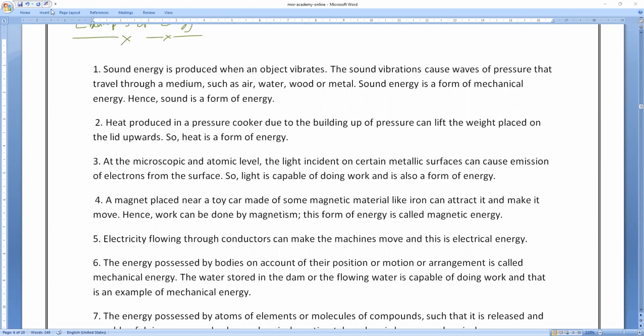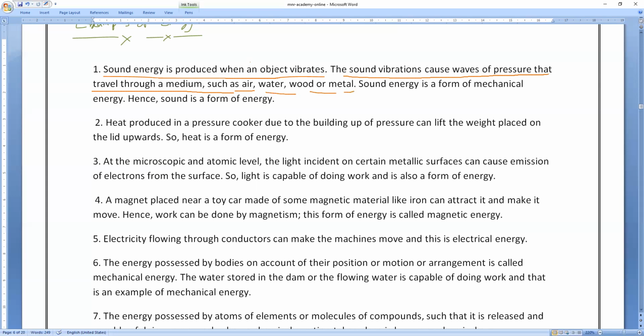So what is the first one, everybody? Sound energy is produced when an object what? When an object vibrates. The sound vibration causes waves of pressure that travel through a medium. What is that medium? Such as air, water, wood, and metal.